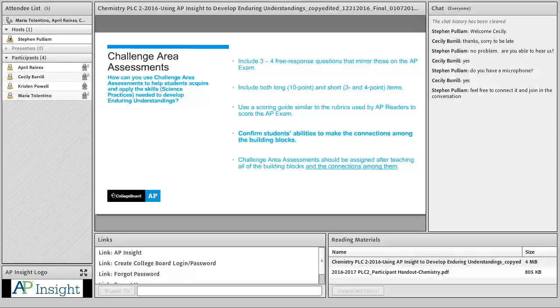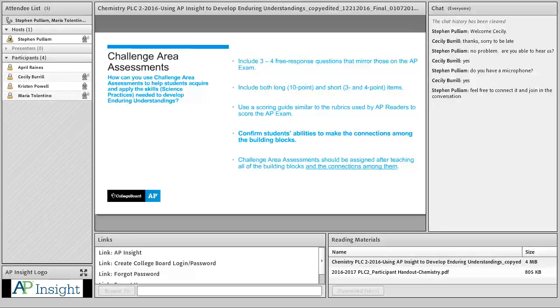And I would think that, unfortunately, not having used a challenge area assessment just yet, I would probably assign that after I've done a little bit more formal understanding on those other small quizzes and seeing how they are doing, to see if they can then apply and transfer that knowledge to this challenge area assessment.